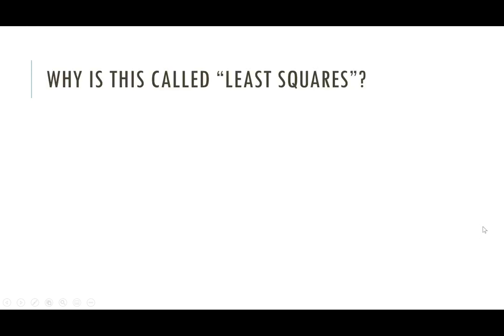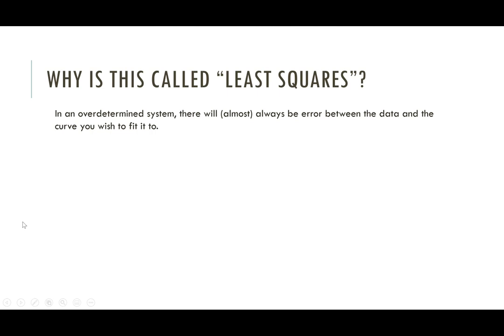Well, this is actually tied up with the question of why this is even called least squares in the first place. If you have an overdetermined system, it's almost always going to be the case that there's some error between the data and the curve you wish to fit it to.